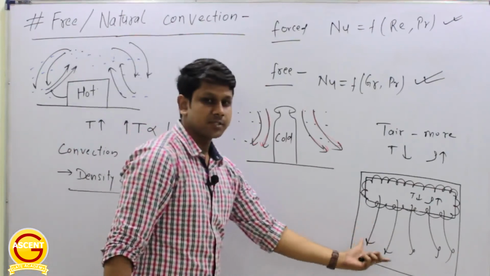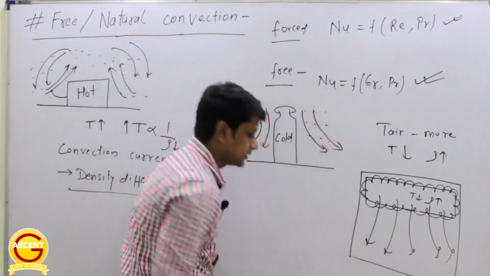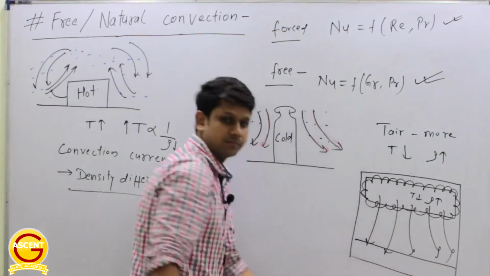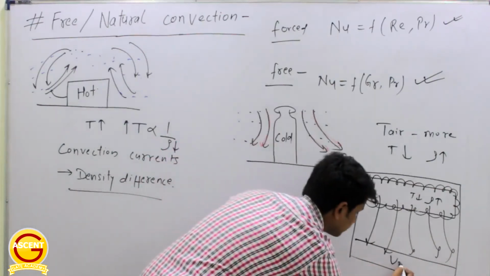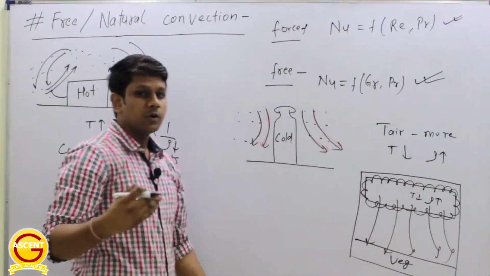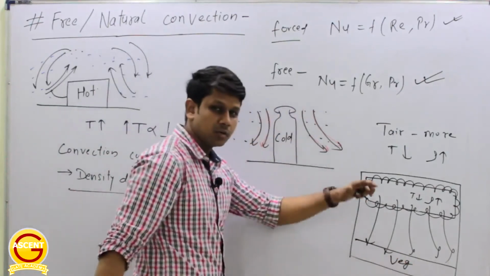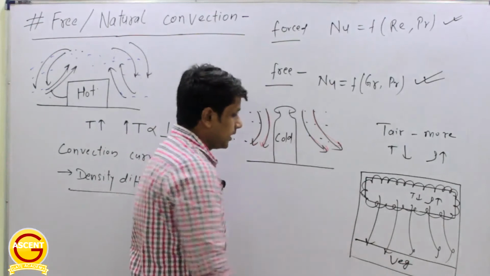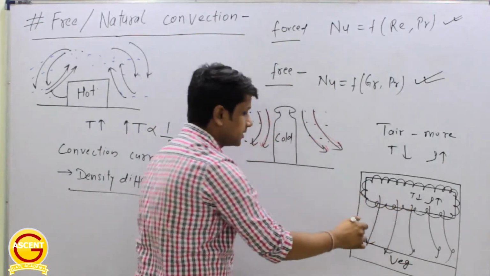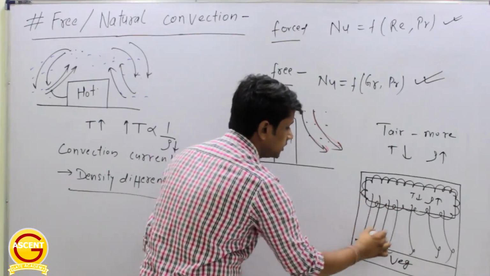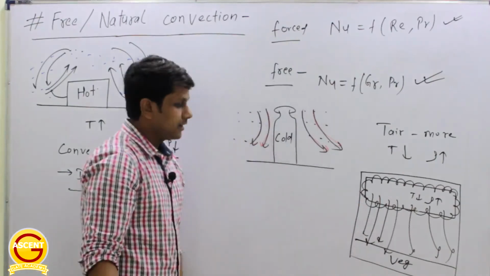Generally the substances we keep at the bottom, let's say some vegetables in the vegetable box, do not want very low temperatures, right? That's why the vegetable box is kept at the bottom, and these high density air particles will come and cool the vegetables, right?